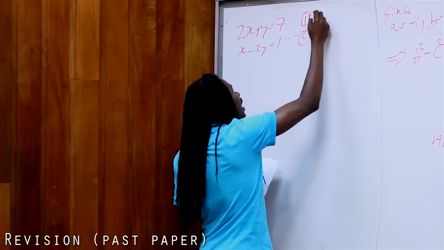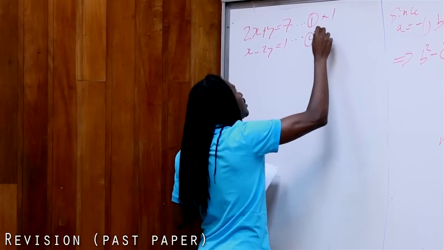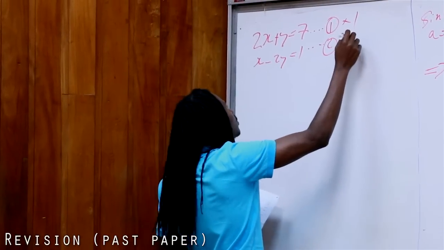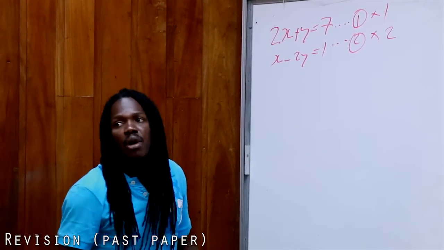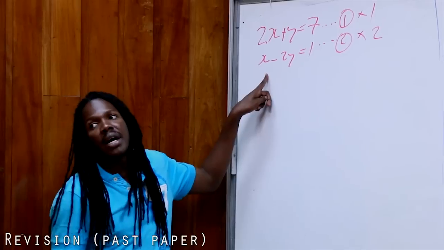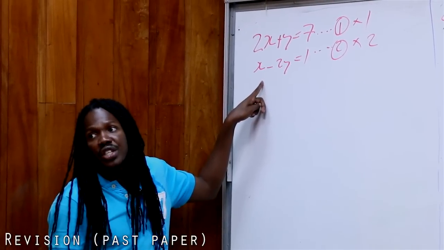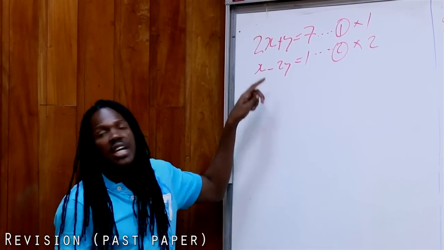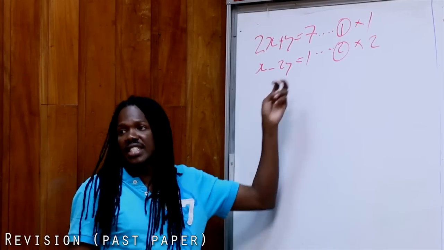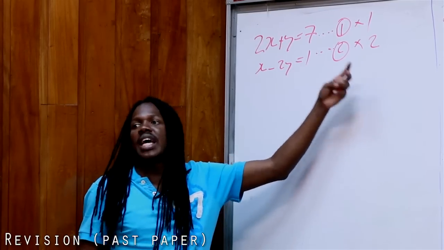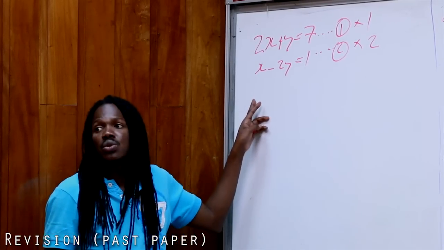Multiply equation 1 by 1. Multiply equation 2 by 2. Why? You multiply equation 1 by the first number in equation 2, and you multiply equation 2 by the first number in equation 1. So it's just a coincidence that these are 1 and 2. But any number that is here, that's what they're going to use.